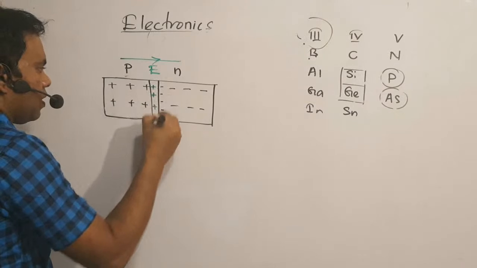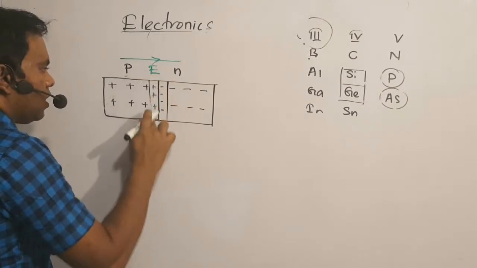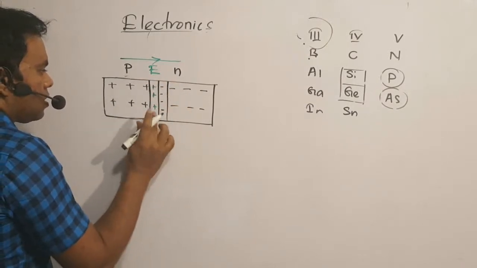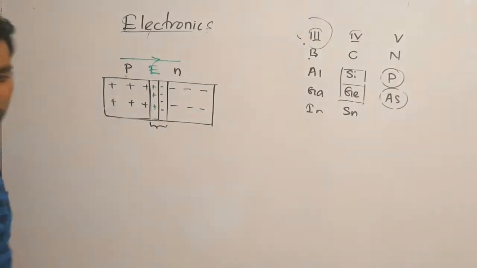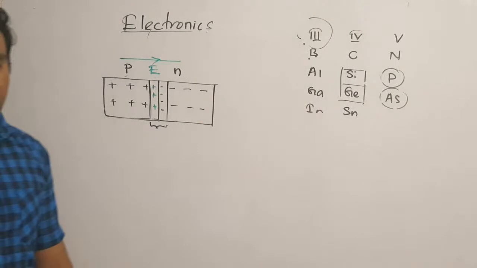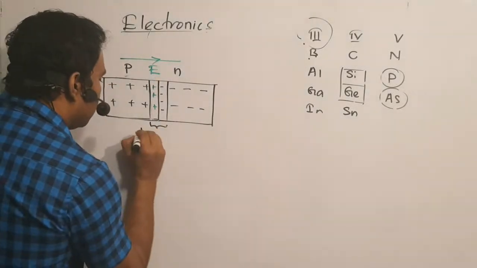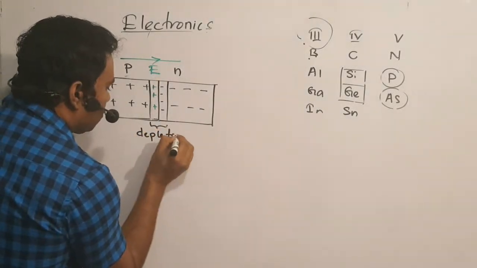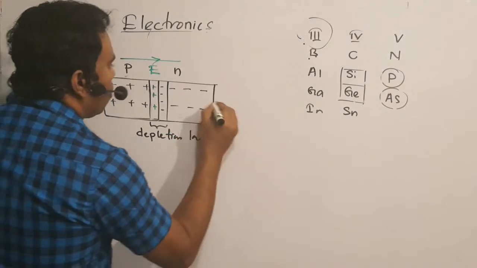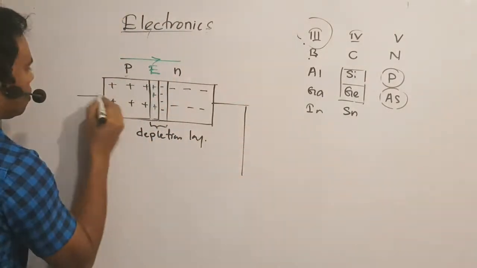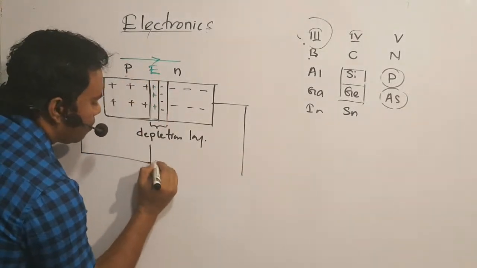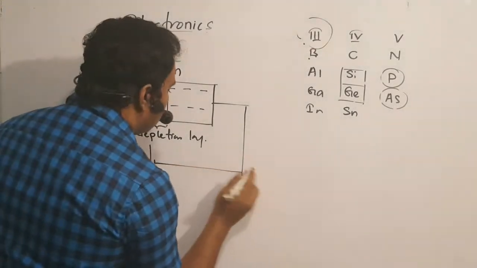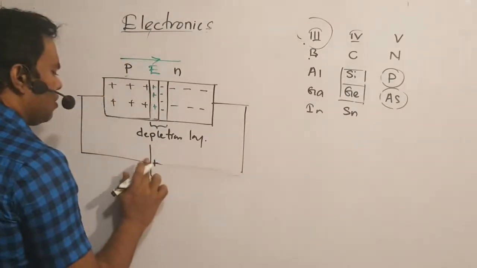So likewise, an oppositely charged little layer is created here. This is known as what? Depletion layer. මෙයාට අපි කිව්වා depletion layer. So what happens to this depletion layer when positive to positive is supplied? Okay, look at this.